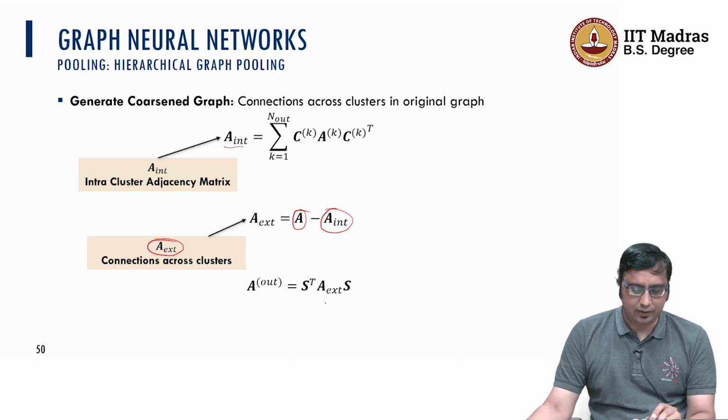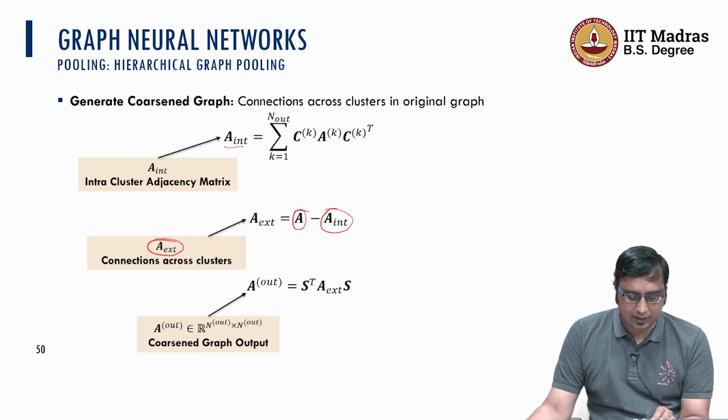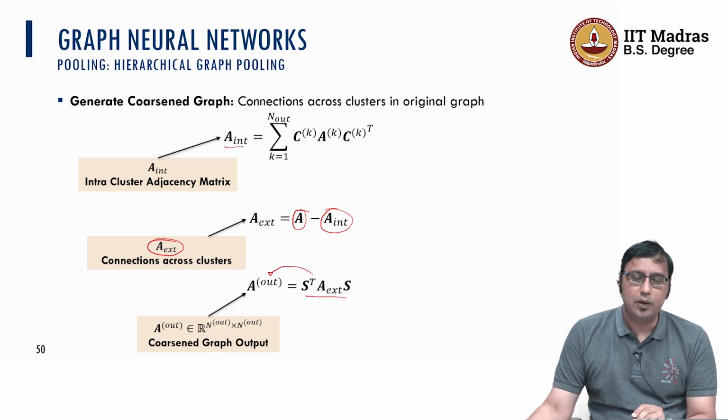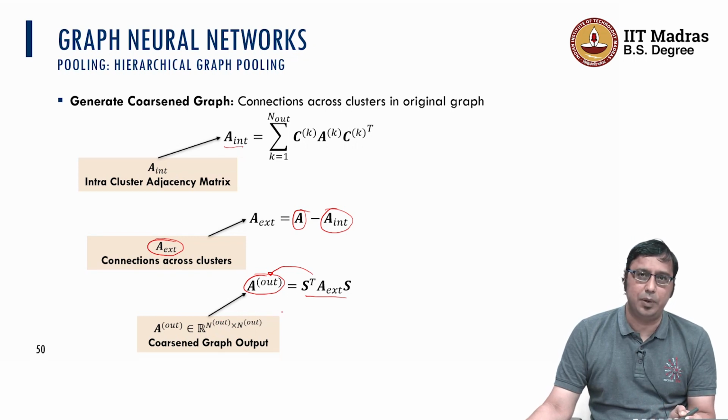Once I have that, I'm going to use my assignment matrix S to perform an operation where S transpose A_ext S leads to a new matrix, the adjacency matrix corresponding to the coarsened graph, which is n_out by n_out, and each element tells me whether there is a connection between two super nodes in the coarsened graph or not.